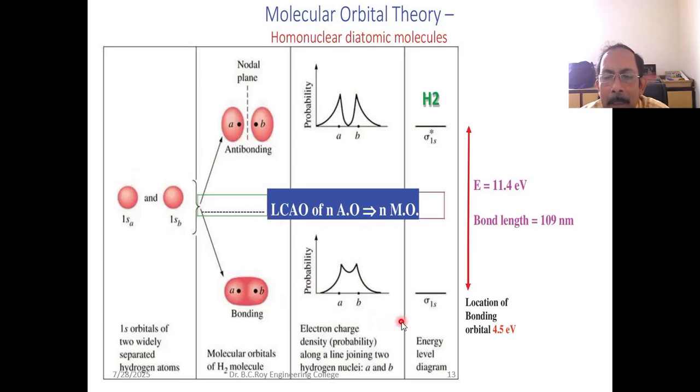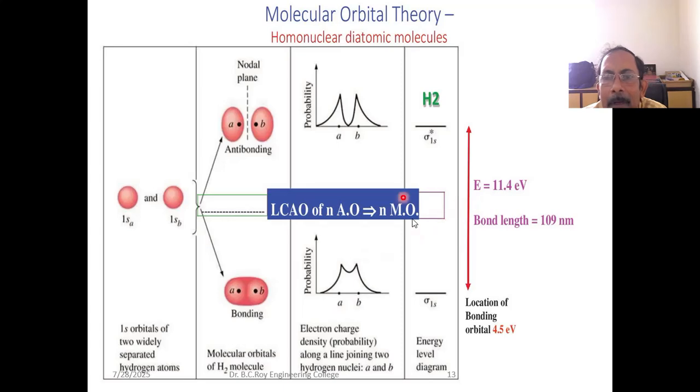One thing is interesting here to understand: in the linear combination of atomic orbitals, if n number of atomic orbitals are involved, then we get n number of molecular orbitals. That means the number of atomic orbitals involved will give the same number of molecular orbitals.